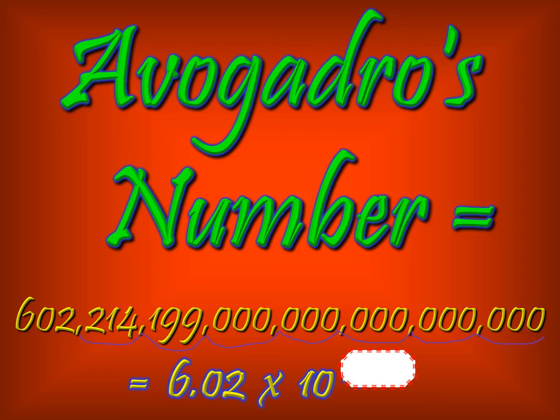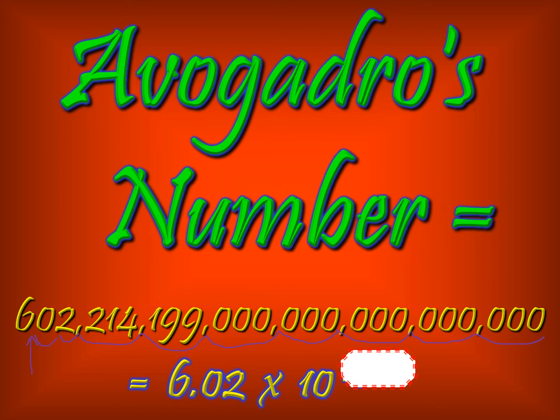People very rarely will write this number out. But think about, how many positions did I need to move the decimal to get it right there where I need it behind the 6? Well, let's see. 3, 6, 9, 12, 15, 18, 21, and then 22, 23.